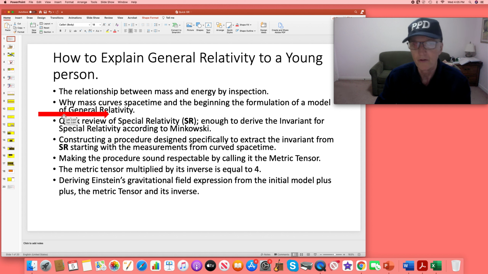So we're going to review enough of special relativity to derive the invariant for special relativity, specifically the one proposed by Minkowski, which is the same invariant used by Albert Einstein. We're going to keep that for consistency, and also because mathematically it works out to be a clean way of doing it.